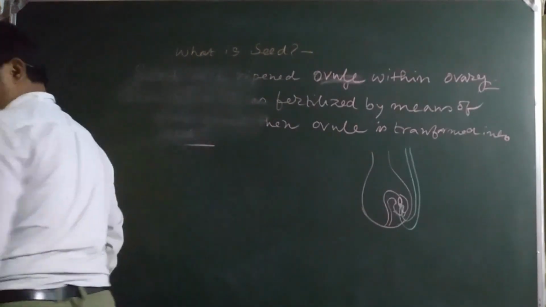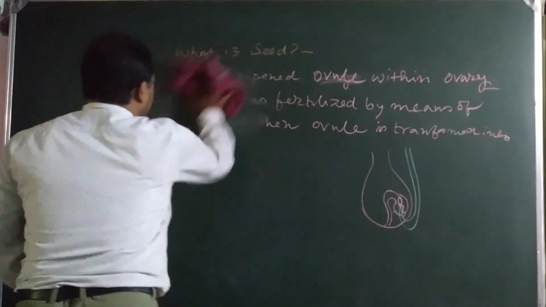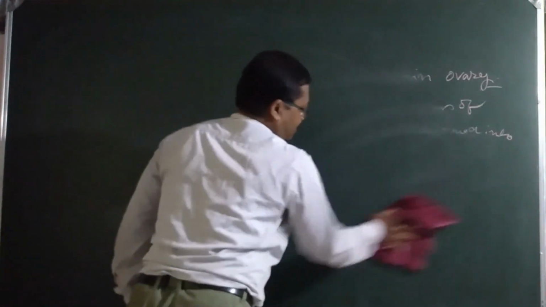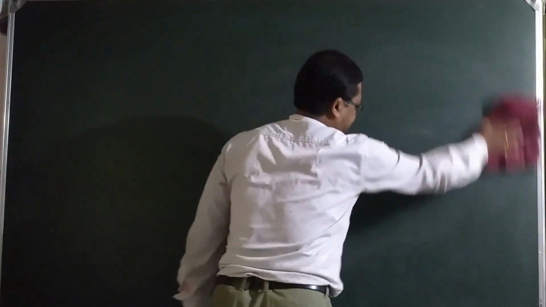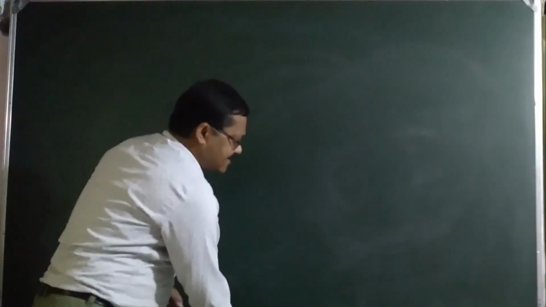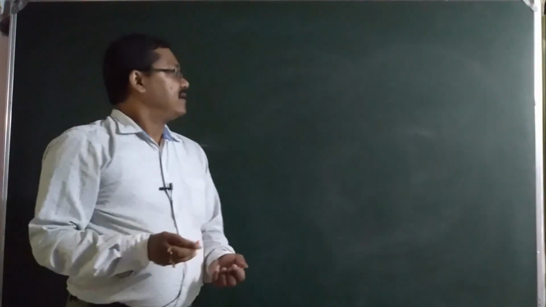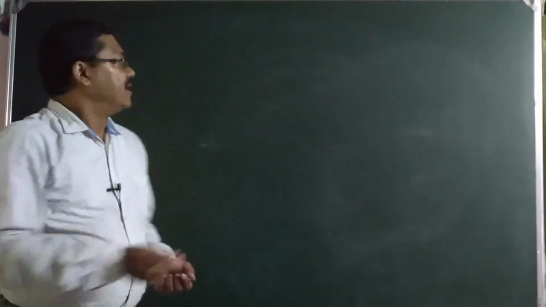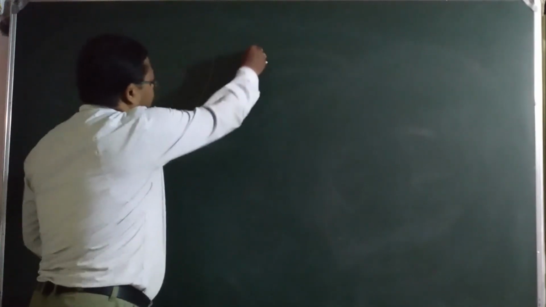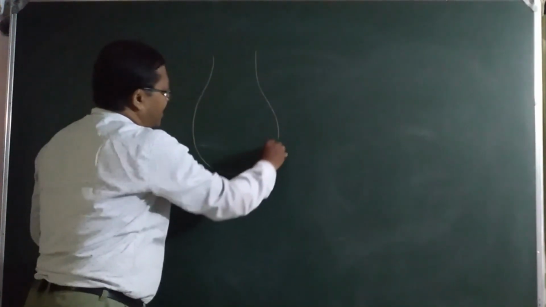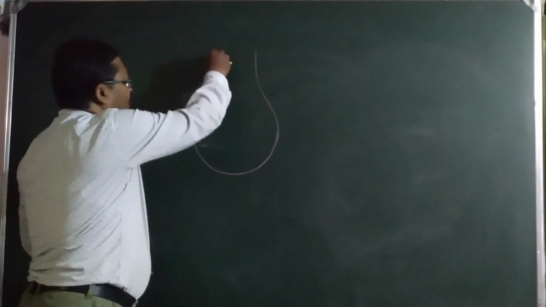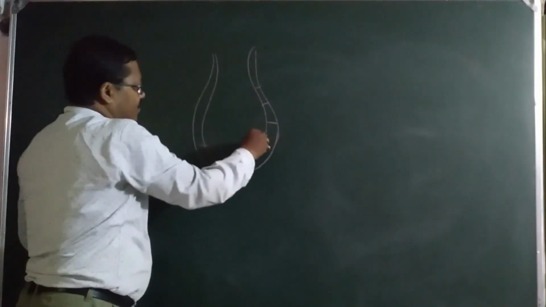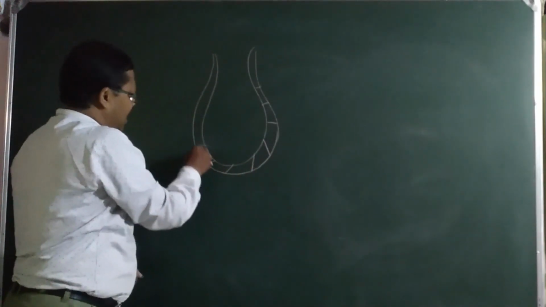Then the question arises, how is the fruit formed? In the fruit forming process, after fertilization, the ovarian wall is transformed into a special structure.